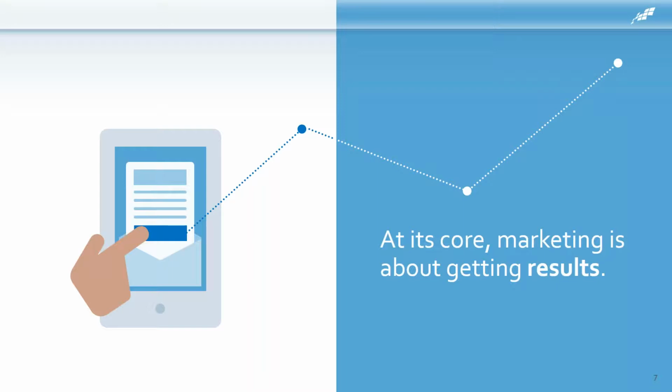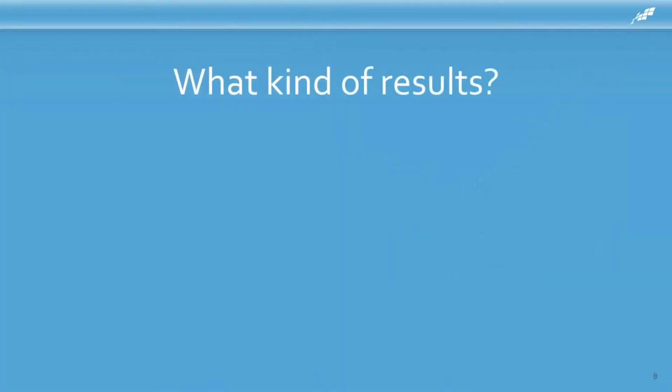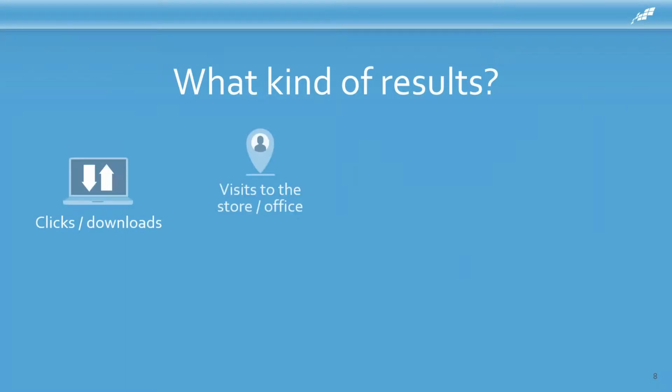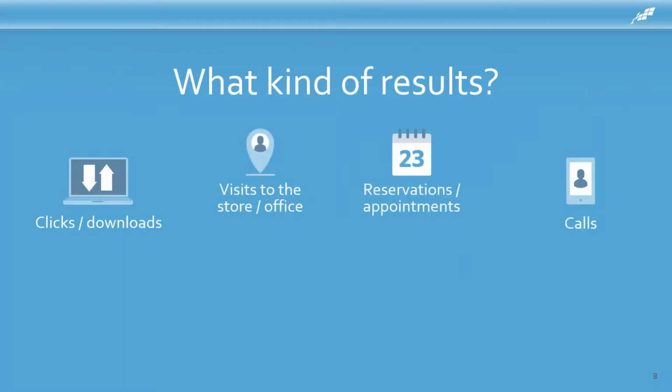So at the core, marketing is about getting results. And depending on your goal or your campaign, it can be different. You might set a campaign where it talks about clicks or downloads. You might want them to come and visit your store or office, attend an event.